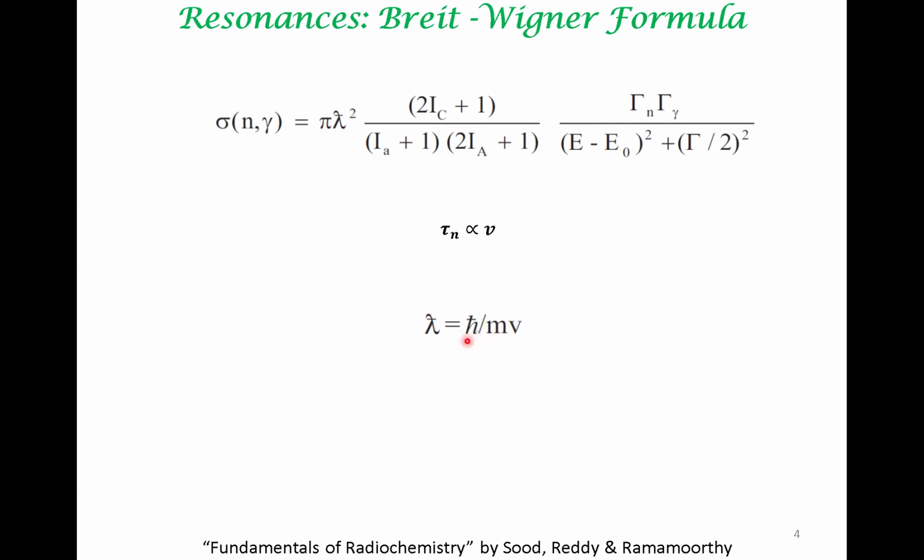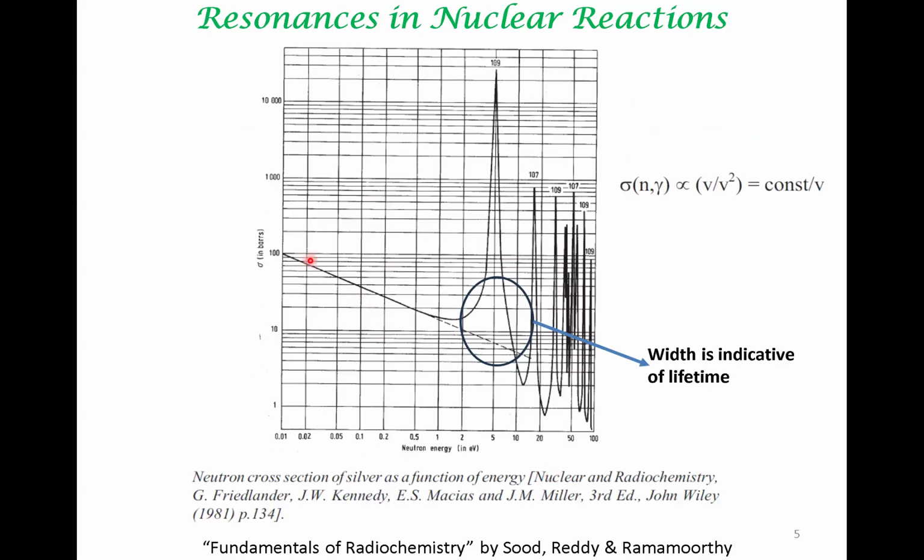Putting these two features together, what you can see is that the cross section is proportional to V by V squared, because this term is proportional to V and this is a quadratic term proportional to V squared. What can be inferred is that the cross section is inversely proportional to V. This is a feature that is seen in the experiment.